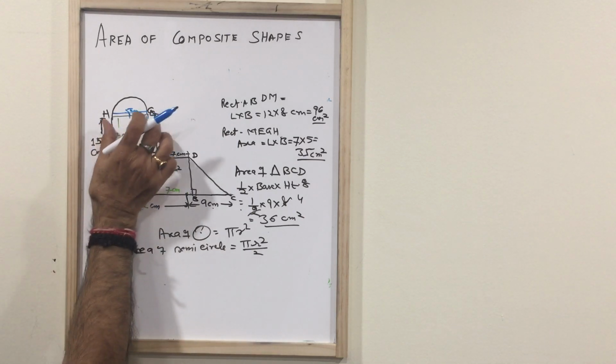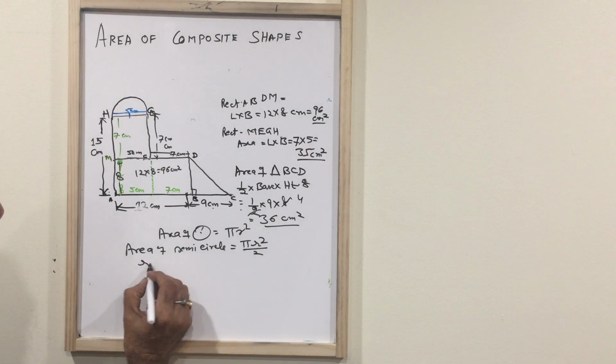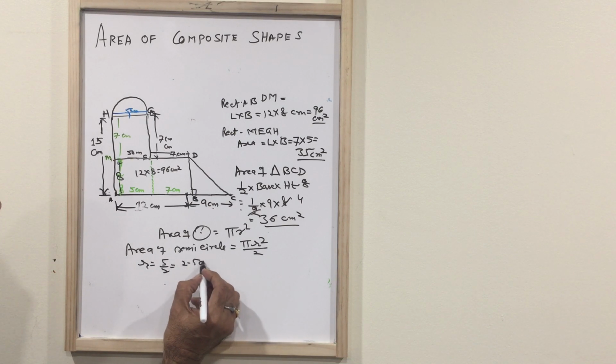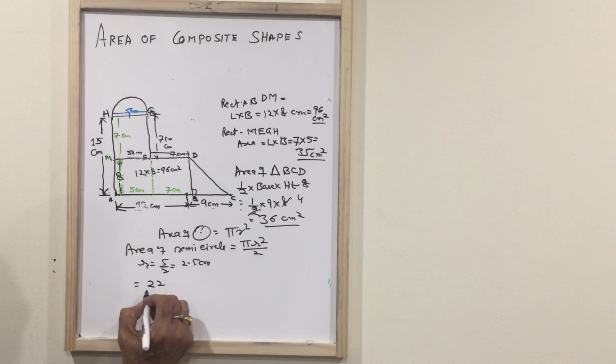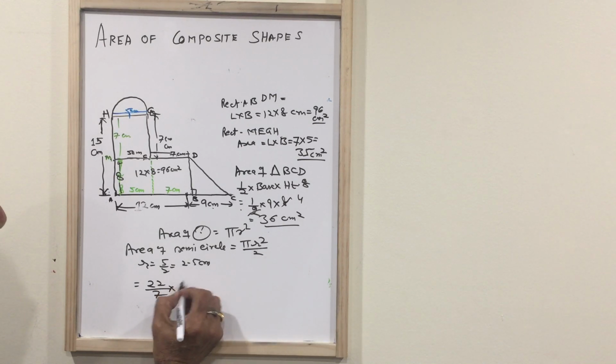So 5 centimeter is the diameter of this circle, and the radius will be half of that. So radius is equal to 5 by 2 is equal to 2.5 centimeters. So we can substitute the value over here. Pi is 22 by 7. R value, radius, is 2.5 into 2.5 by 2.